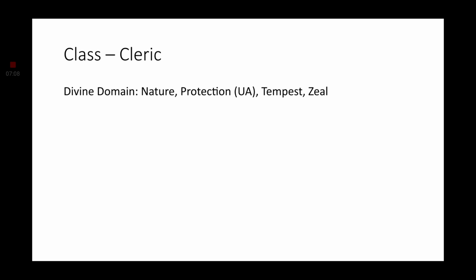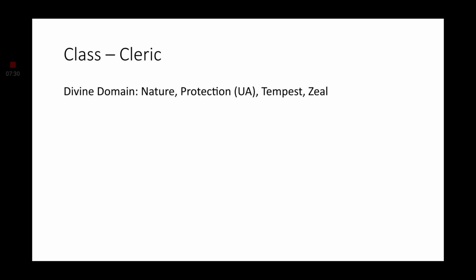Now, there are two gods that they follow. Their creator god, which was kind of like, what was it called? Panera? Anyway, that god ties more into the divine domain of protection, which is the only unearthed arcana in this list.